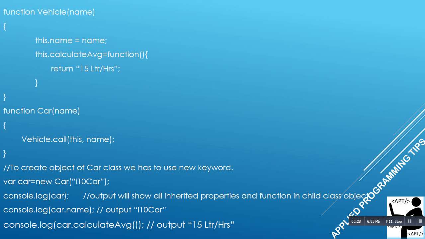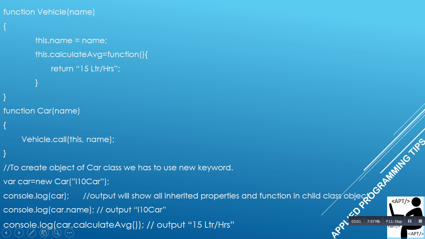Just as a reminder, if you want to create a class in JavaScript, you have to write a function with your class name and constructor parameter, and then use the this keyword, and by putting the dot operator you can write properties, functions, and many things. You can see here this is the Vehicle class having a property name and a function calculateAverage.